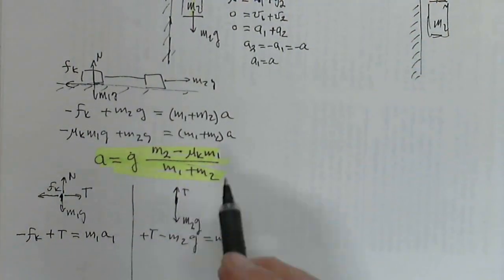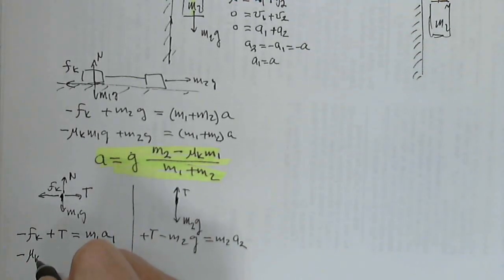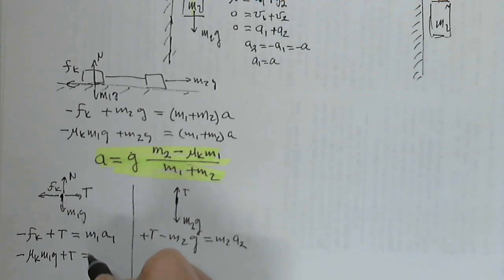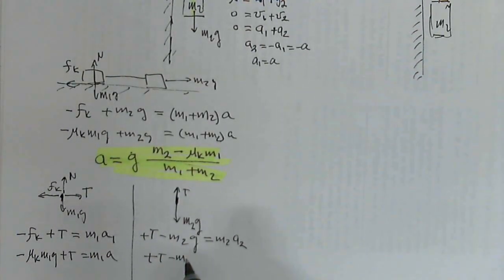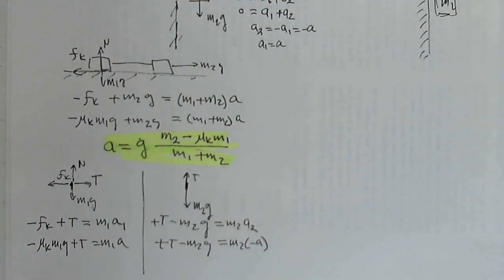because it's not a system, I need to prove what the accelerations are. So let me put over here mu K M1G plus T equals M1A, and over here plus T minus M2G equals M2 times negative A. And now I will multiply this one by -1.